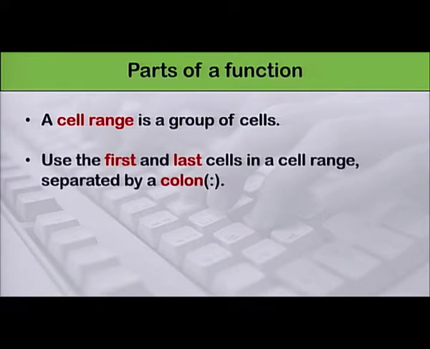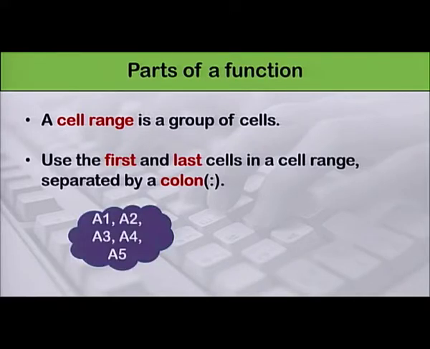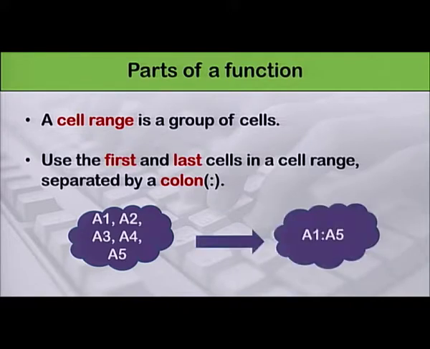Rather than using a single cell address, you will refer to a cell range using the cell addresses of the first and last cells in the cell range separated by a colon. For example, a cell range that includes cells A1, A2, A3, A4, and A5 would be written as A1:A5.